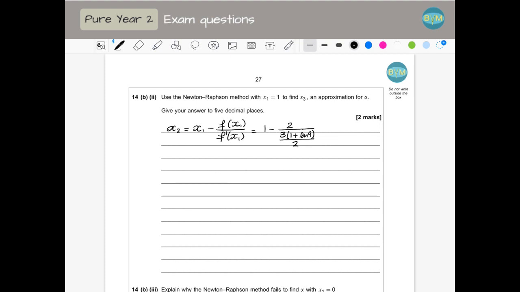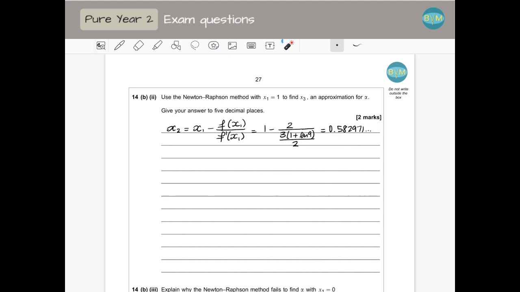You put this in the calculator, and the answer is 0.582971, and so on.